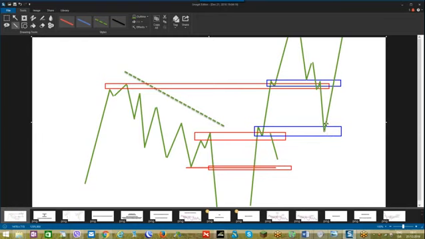It really is simple. Now we can have lower time frame stuff, but what we're going to want to do is find some symmetry. Here you've got a PAZ right there, and then here you've got a pole going up through. Here you've got a pole. You want to fill that again. You want some symmetry there. So your first rational target on this is going to be this new hook. It's going to be this new upper flag limit that we've got formed. That is it. Really simple as that.